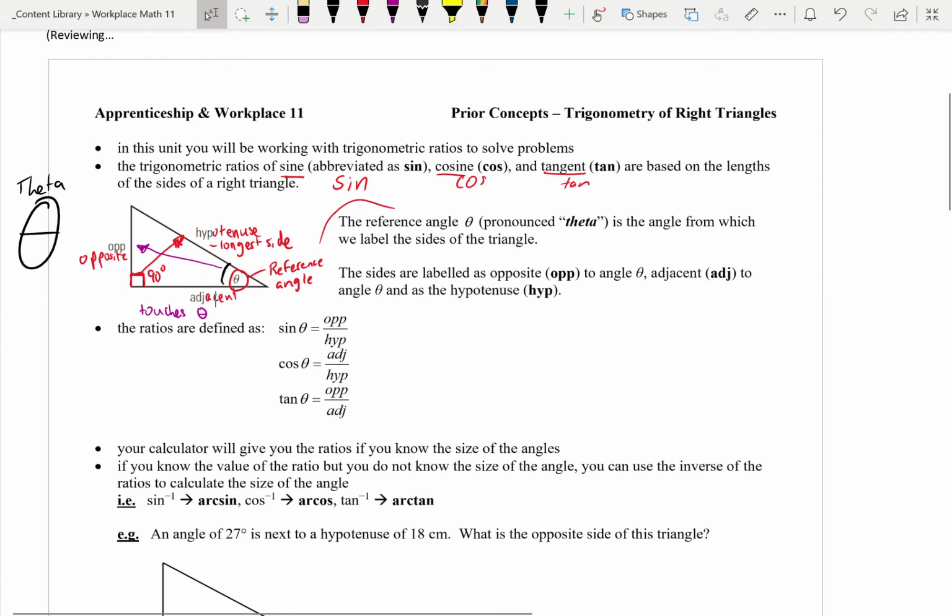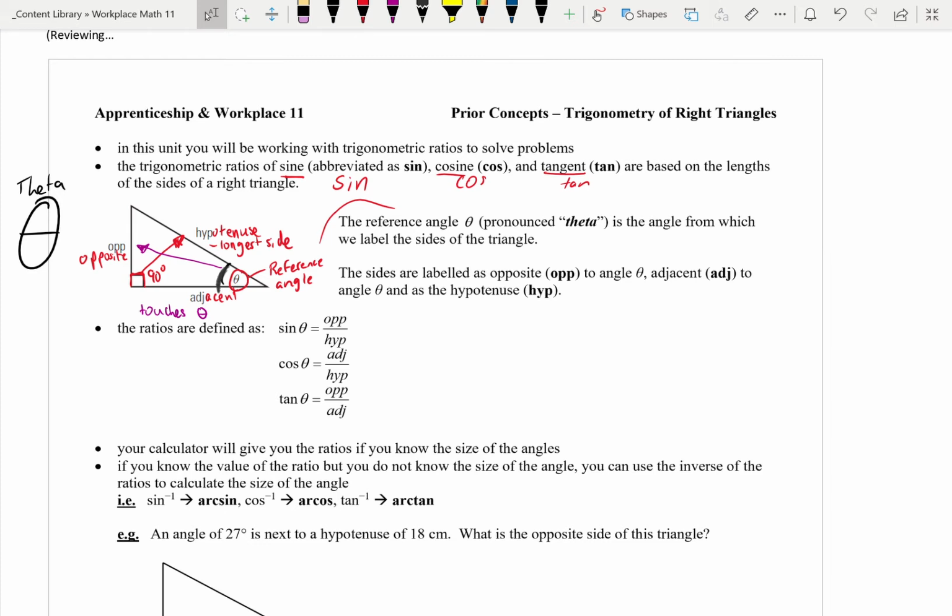In both cases, if my angle is down here, one side is going to touch my adjacent side, one side is going to touch my hypotenuse. If this was my angle, this side would become my adjacent, this side would become my opposite. I'm going to leave those out just for clarity, but we're always going to look at one specific angle. And we refer to them as op, adjacent, or adj, and hypotenuse, or hyp.